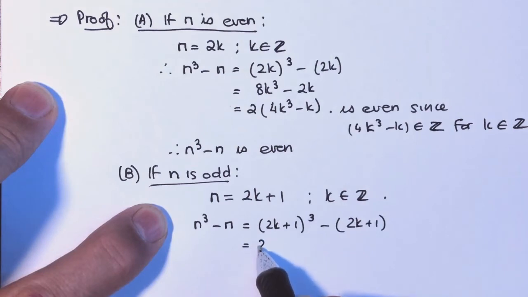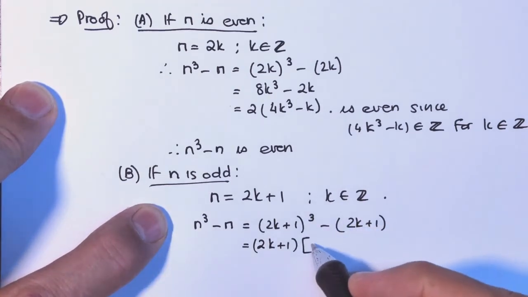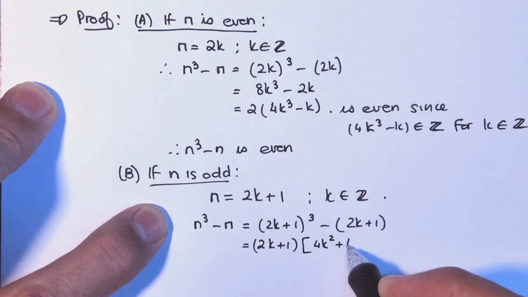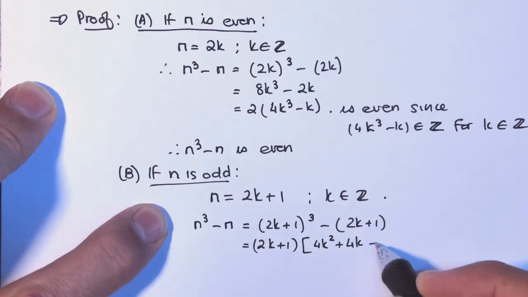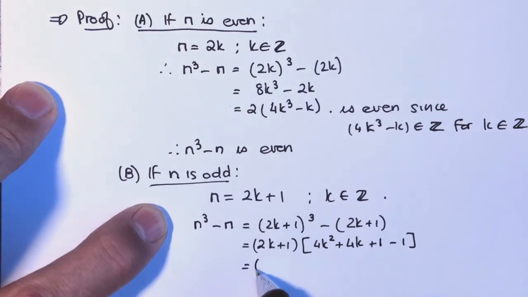Now, all I need to do here is remove 2k plus 1, and if I distribute the square over there, I get 4k squared plus 4k plus 1 minus 1, and that leaves me with 2k plus 1 times 4k squared plus 4k. I'm really just manipulating here now.